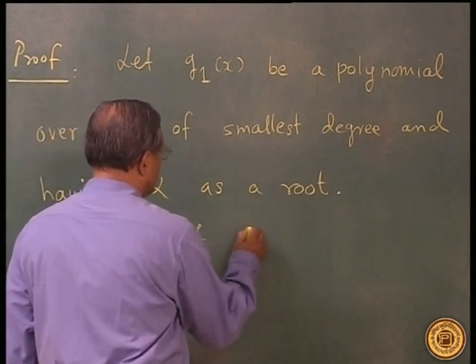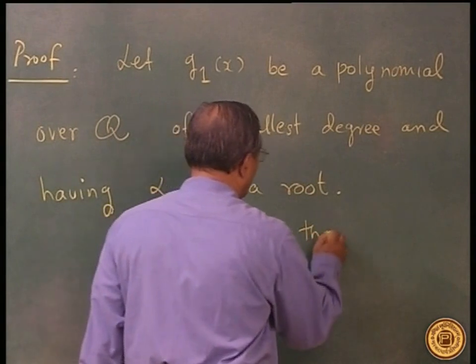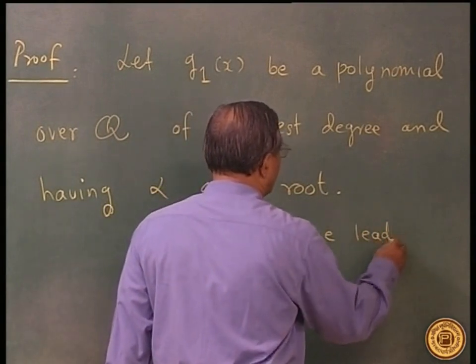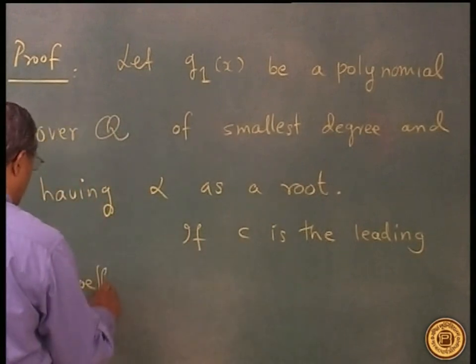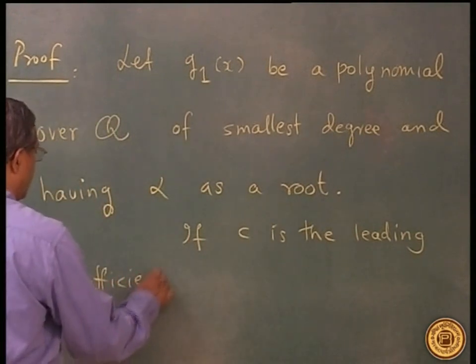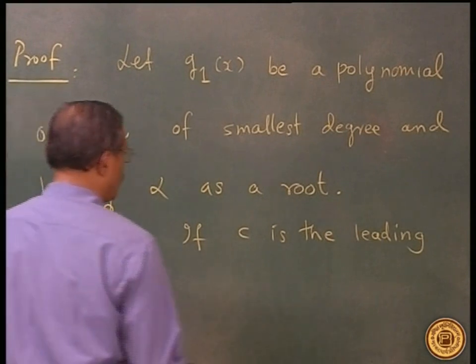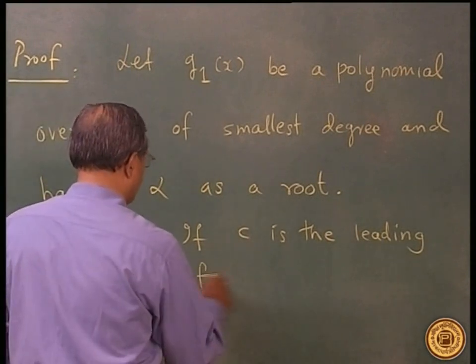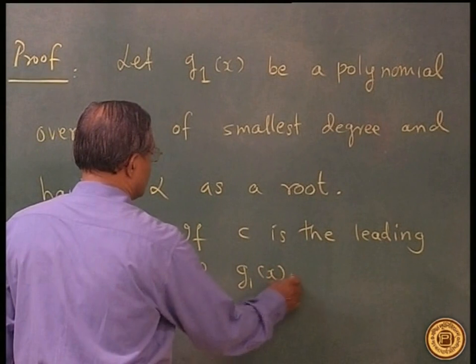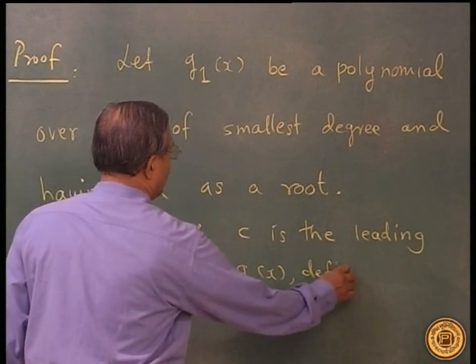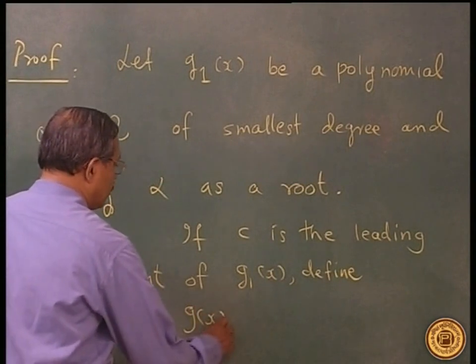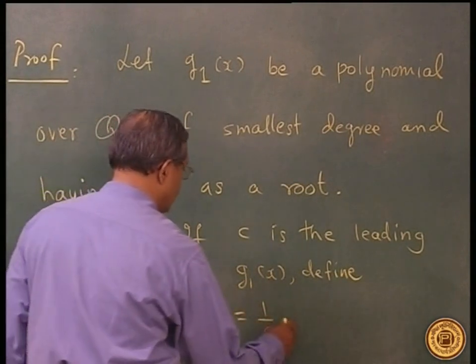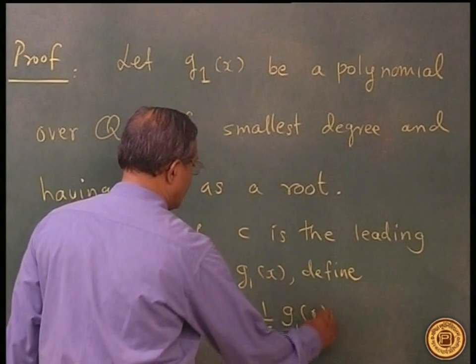Suppose C is the leading coefficient of G1(x), we divide by that. Define g(x) equal to 1 upon C times G1(x).